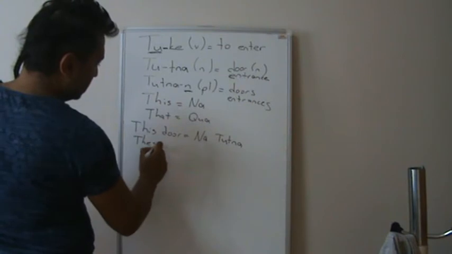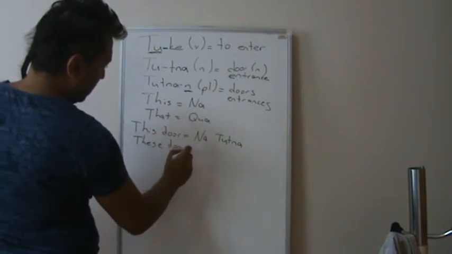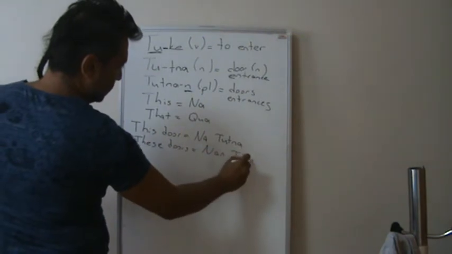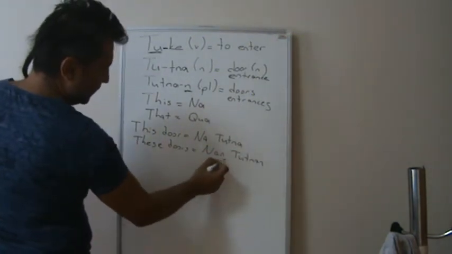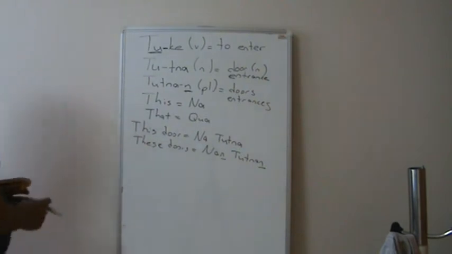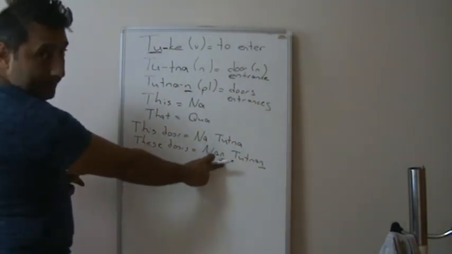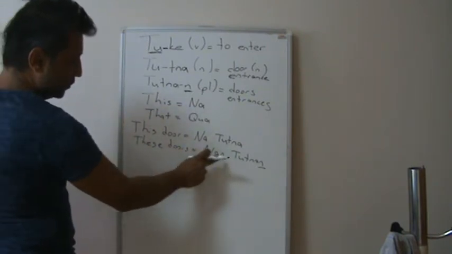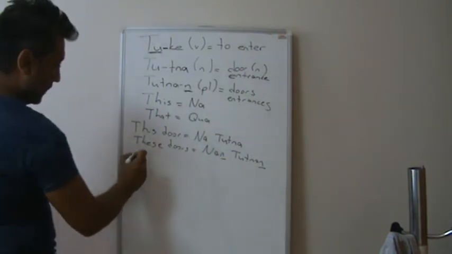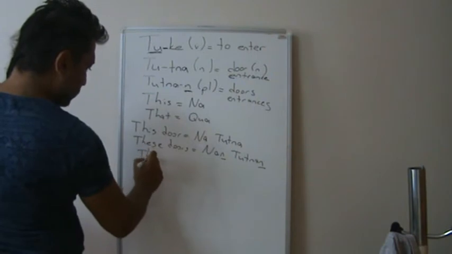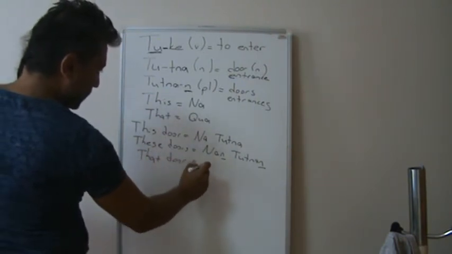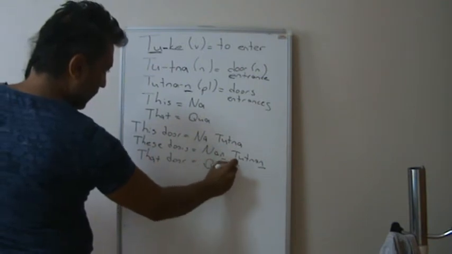These doors: nan tutnan. You see the suffix n at the end of both na and tutna. These doors, nan tutnan. And that door means hua tutna.